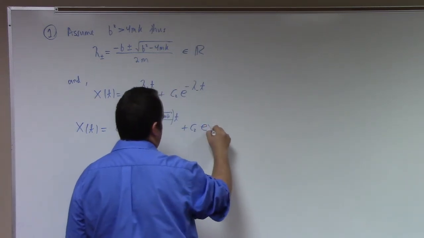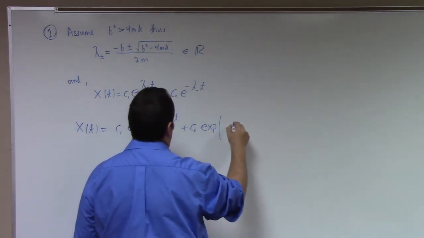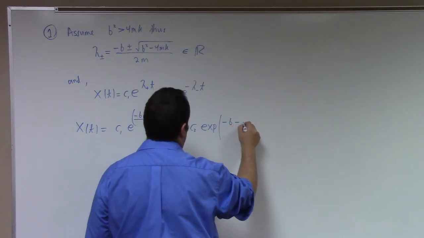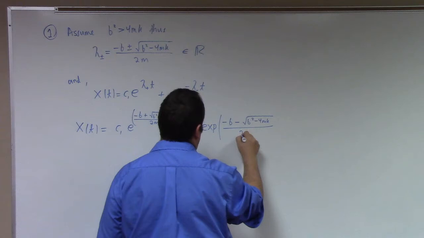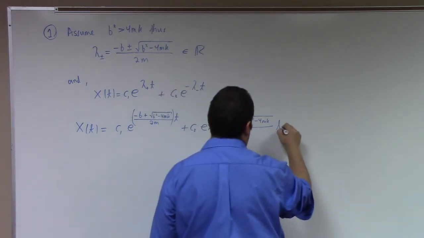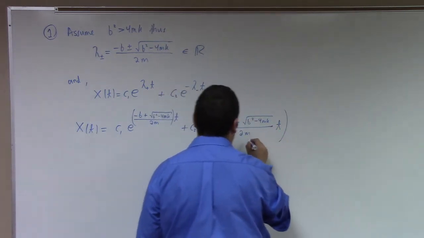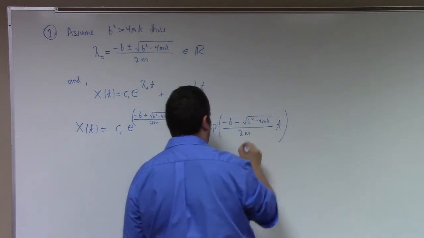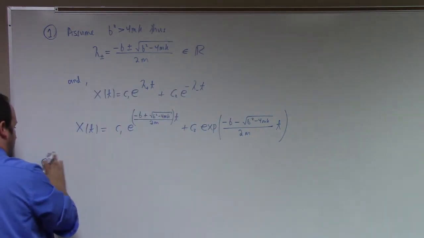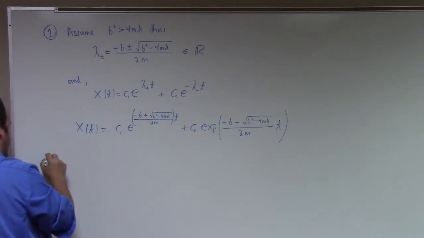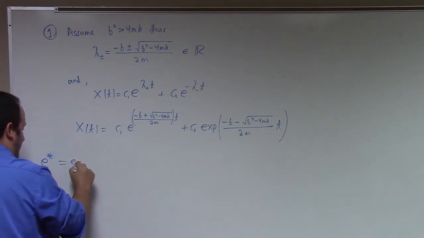This seems like a good place to use exponential notation, yeah? Minus b minus the square root of b squared minus 4mk divided by 2m times t. You guys know the exponential notation, what I'm talking about? Instead of writing e to the star, we write exponential of star.